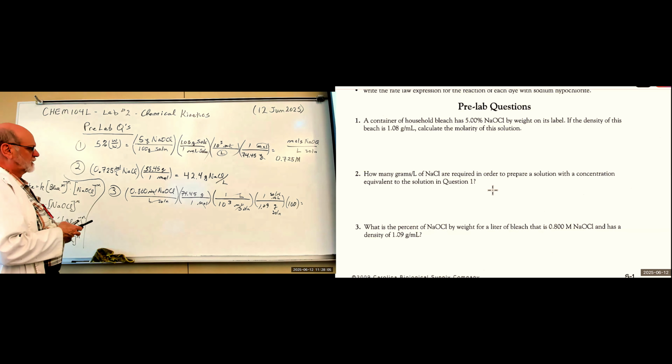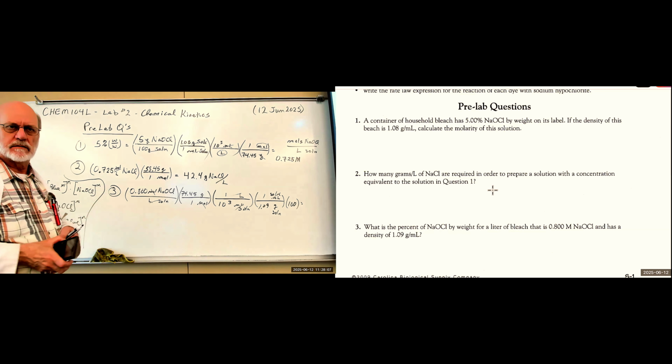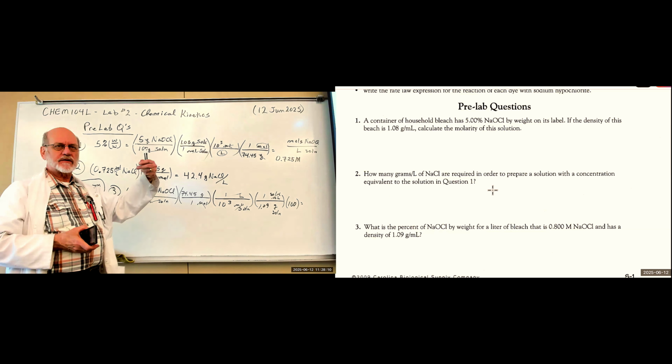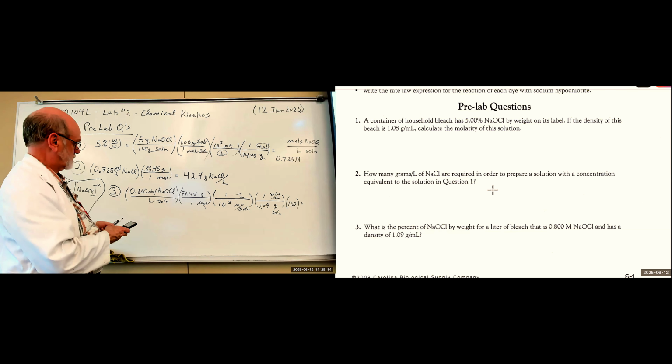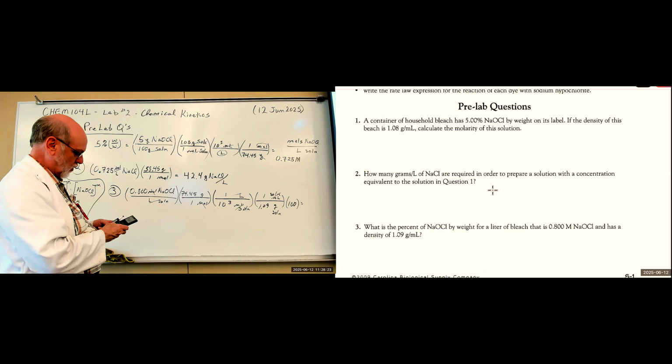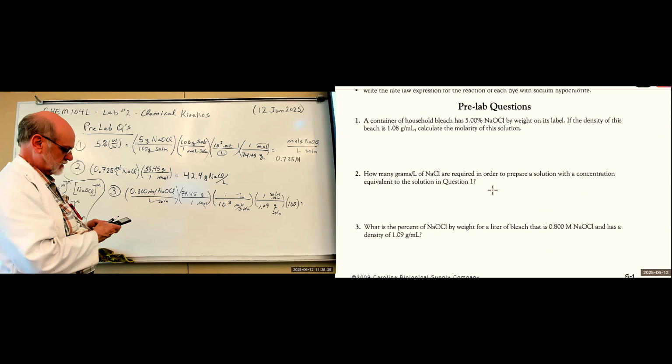It's the same as percent, right? Something divided by something times 100 is percent. So 0.8, 74.45 times that, divided by 1,000, divided by 1.09 and times 100.